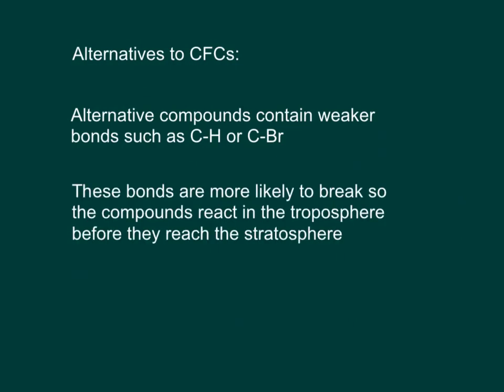The reason the weaker bonds are important, we actually want CFC alternatives to be more reactive than actual CFCs. If they're more reactive, then like just about every other compound, they'll react in the troposphere and break down into other compounds. So they won't reach the stratosphere, and they won't reach that point where they will absorb UV and form radicals.